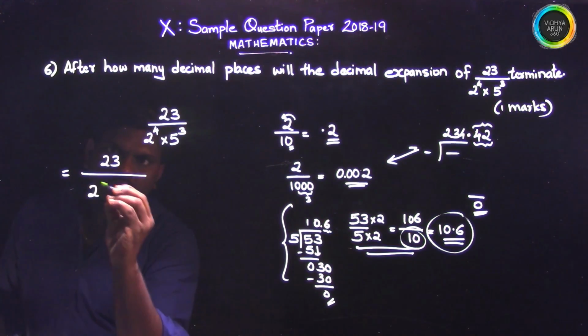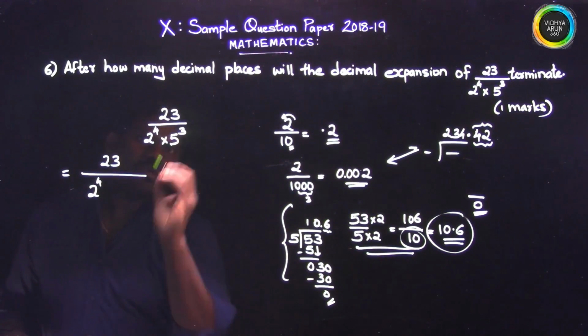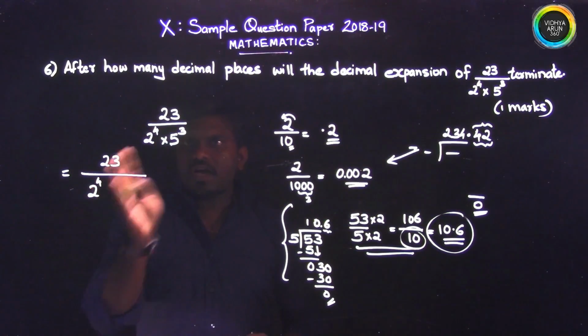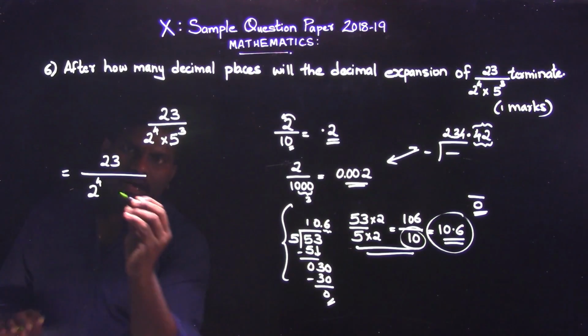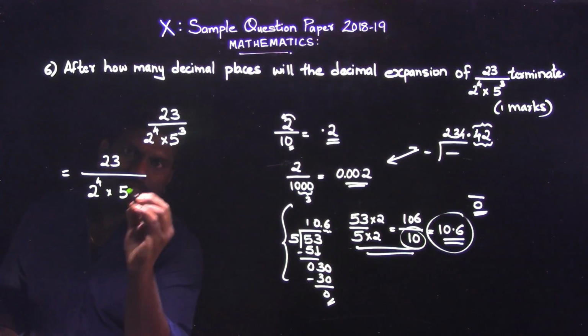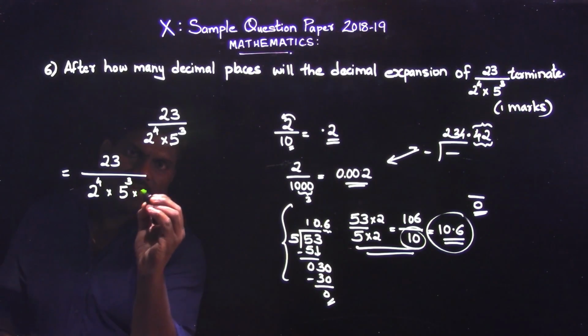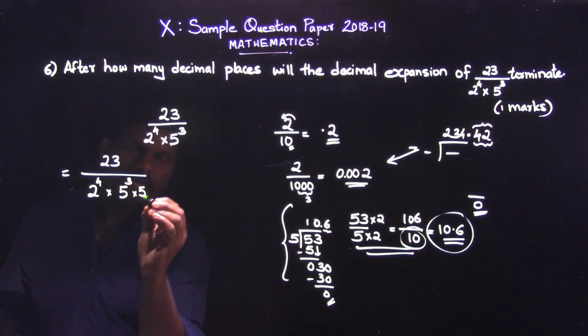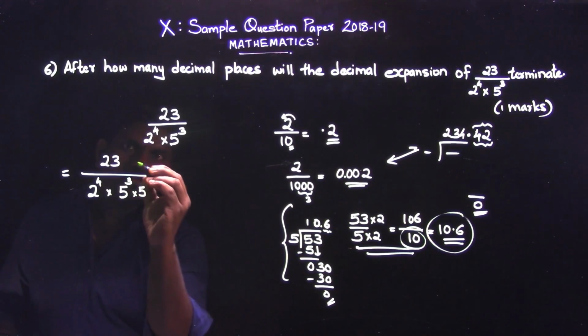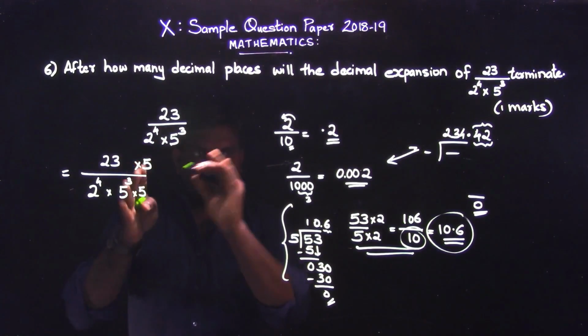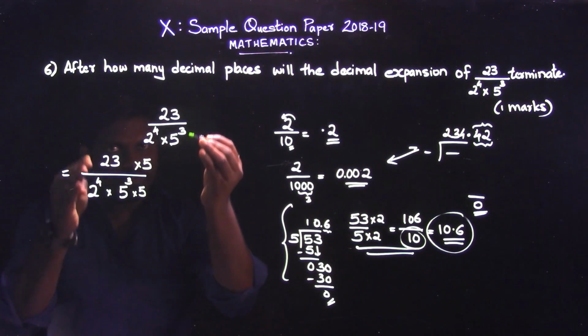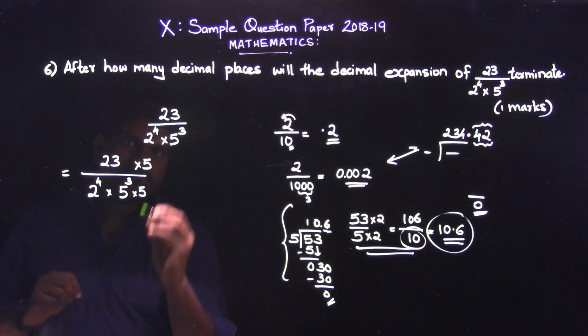So 2 raised to 4, and 2 into 5 is 10, so I'm going to make the powers the same. I am multiplying by one more 5 here. If I'm doing it in the denominator, you also need to do it in the numerator. If you're doing it in the numerator, you need to do it in the denominator.